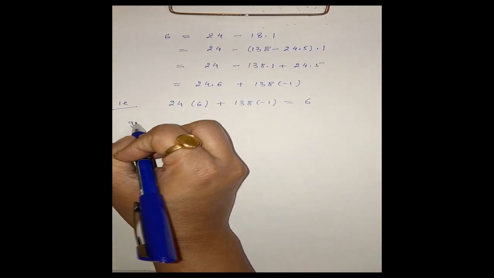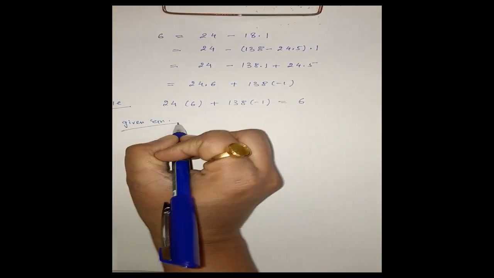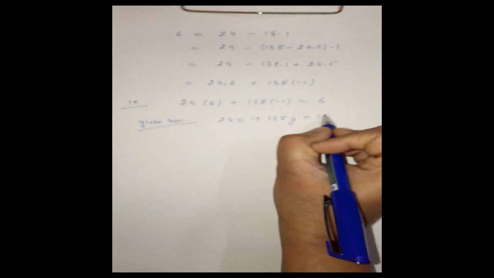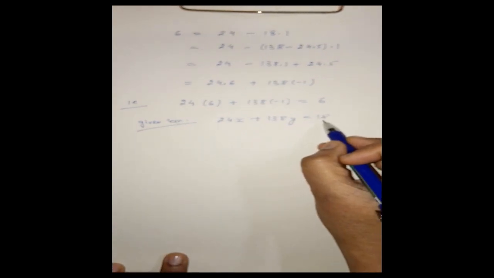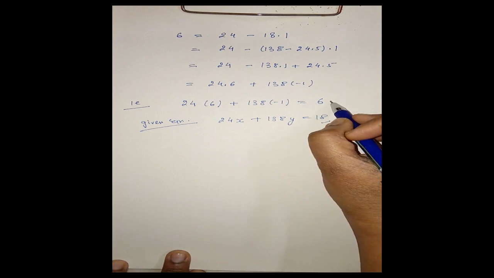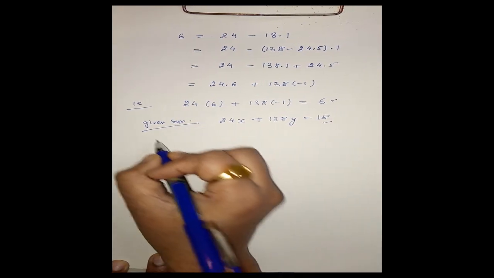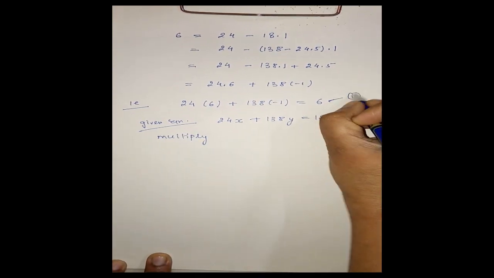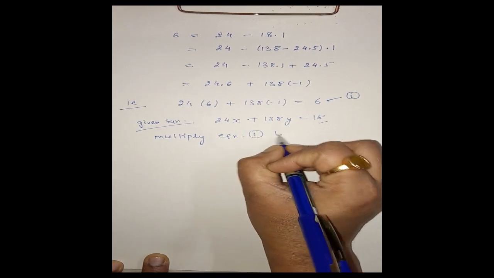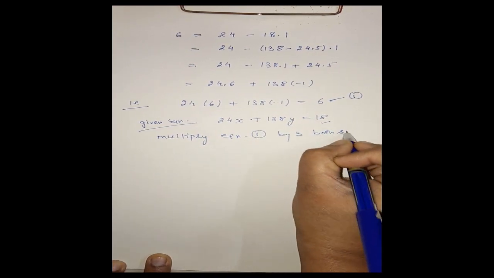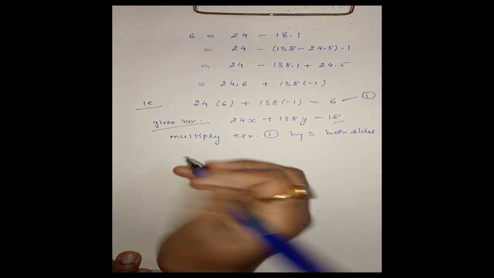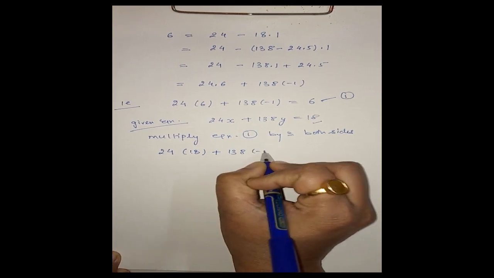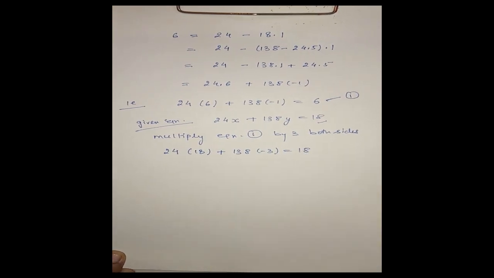Now, the given equation is 24x plus 138y is equal to 18. See here, in the given equation we have 18 on the right hand side, but here we have 6 on the right hand side. Therefore, multiply equation 1 by 3 on both sides. We will have 24 into 18 plus 138 into minus 3 is equal to 18. Clear?